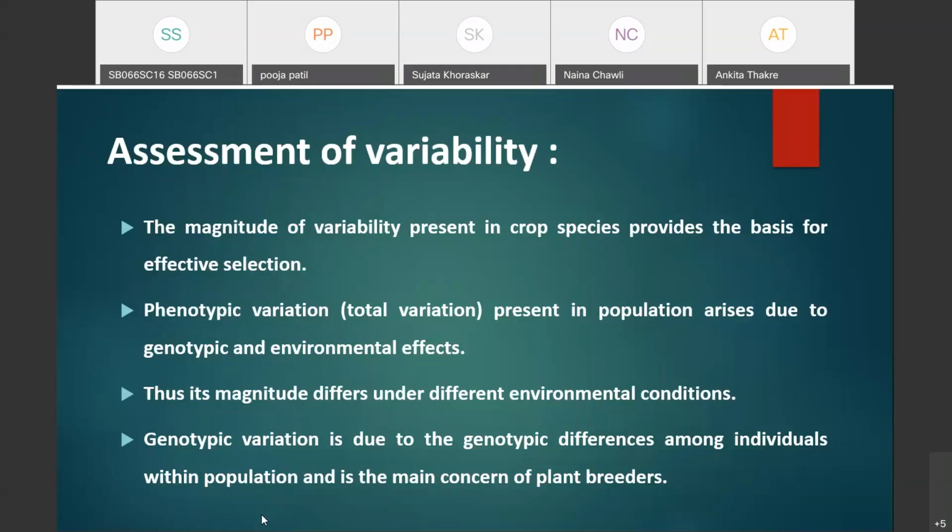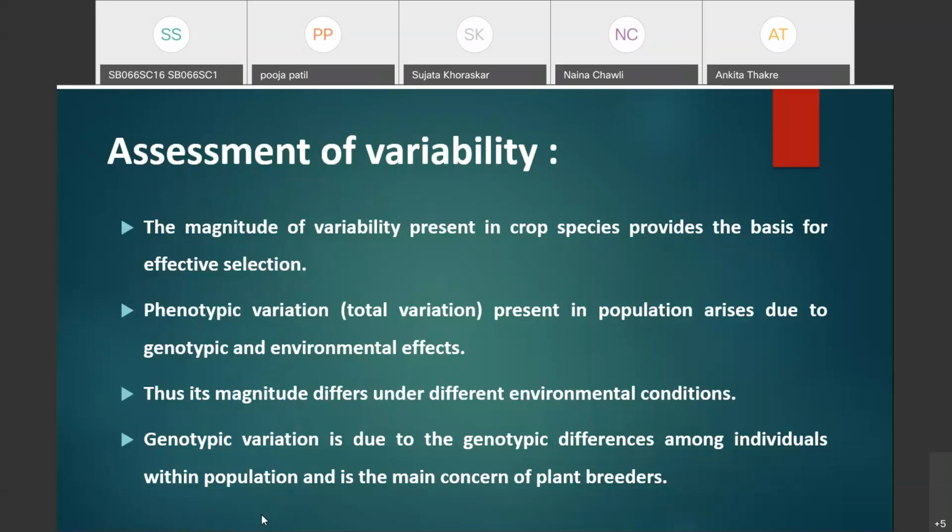Here you know that the magnitude of variability present in the crop species provides the basis for effective selection. I have just told you that it is the important prerequisite for the crop improvement program. The phenotypic variation present in the population arises due to the genotypic and the environmental effect.